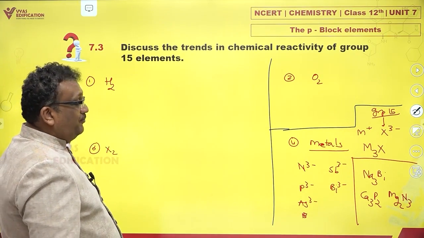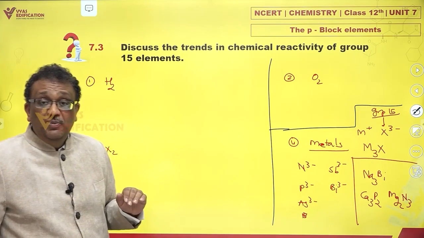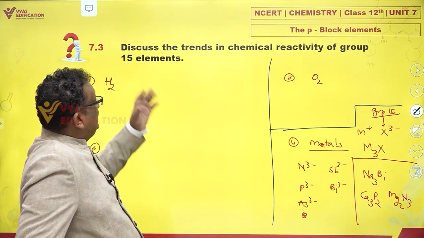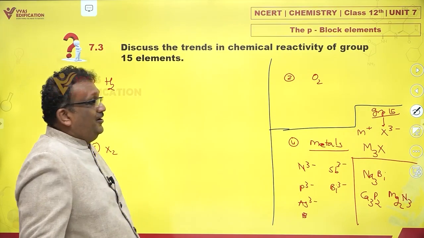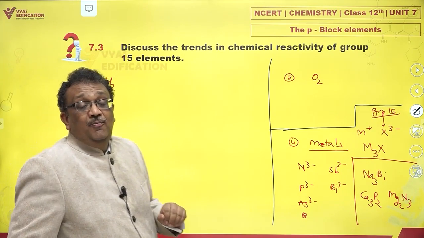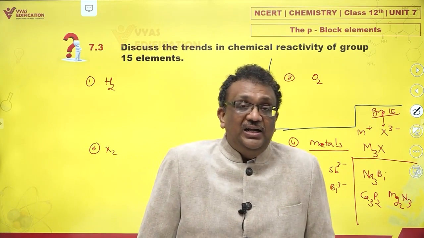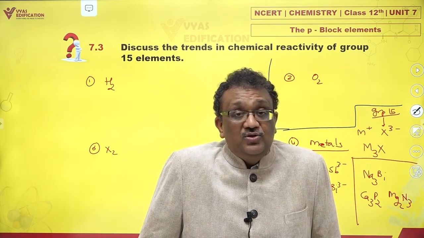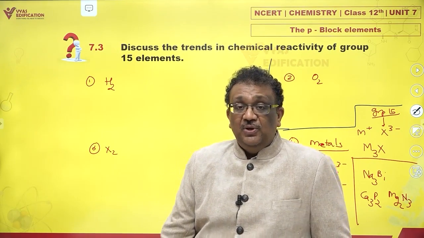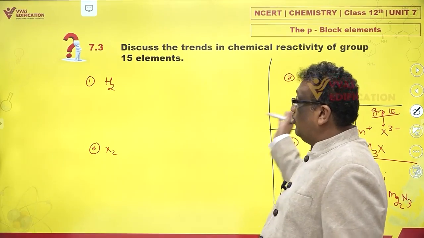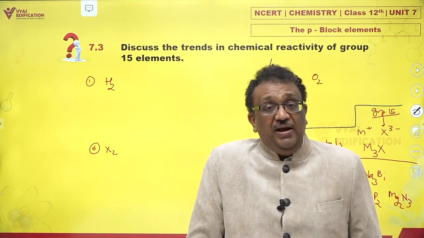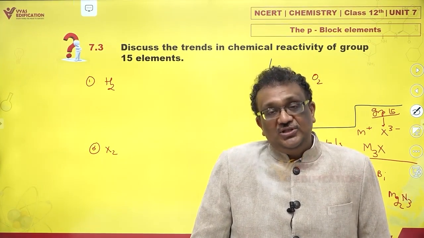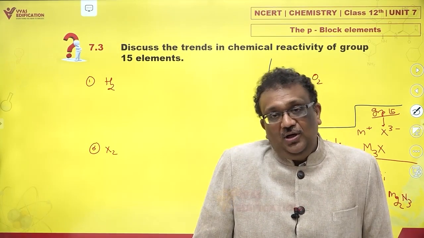Now, the problem is, they have mentioned that you should discuss the trends in reactivity with hydrogen, but they have not mentioned how reactive is hydrogen towards nitrogen, phosphorus, arsenic, antimony, bismuth. The same they have not mentioned for oxygen and halogens as well. The trends they have not mentioned. They have just told you the outcome.